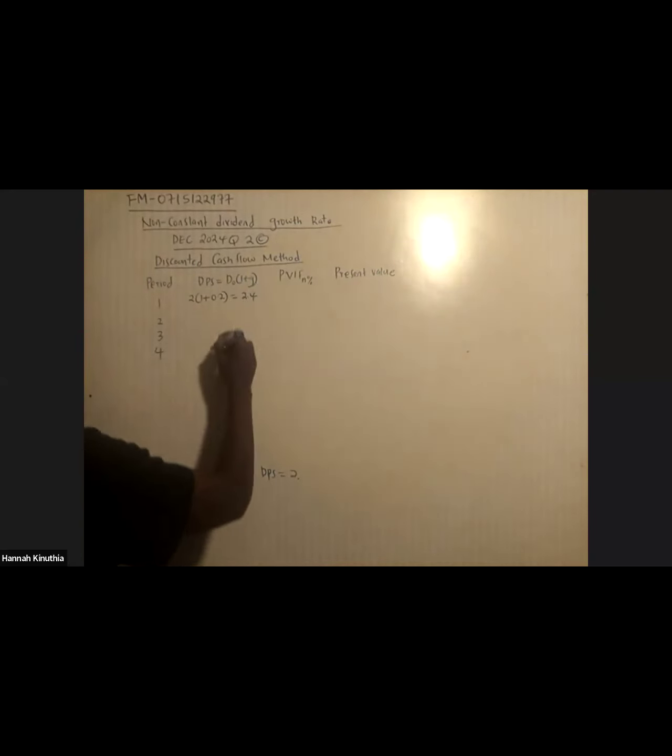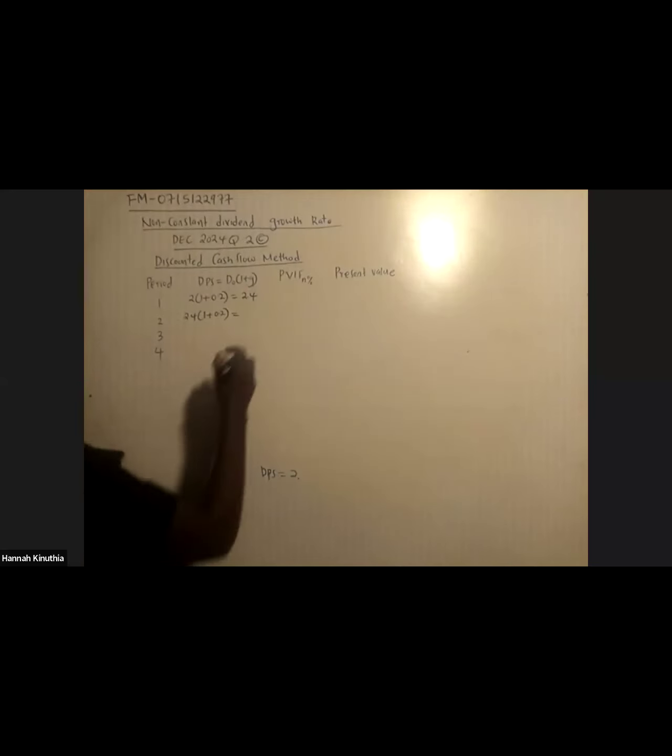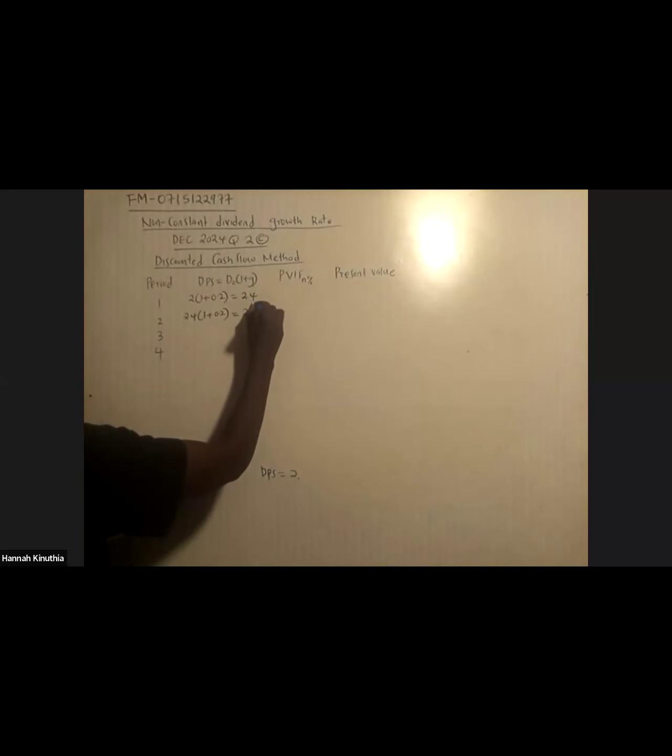Then it also increases at the same rate: 2.4 times (1 plus 0.2) is 2.88.